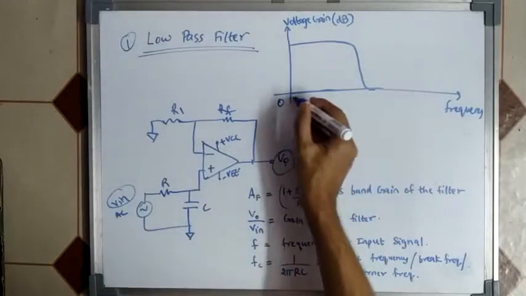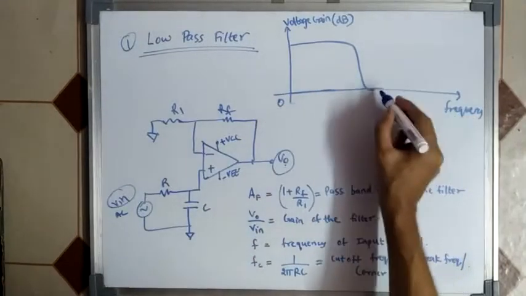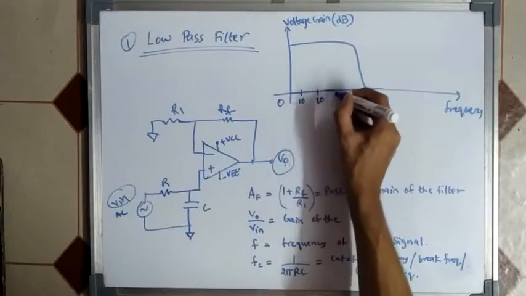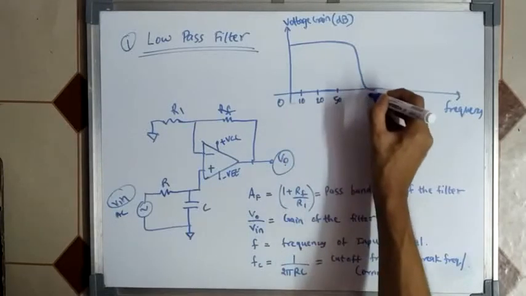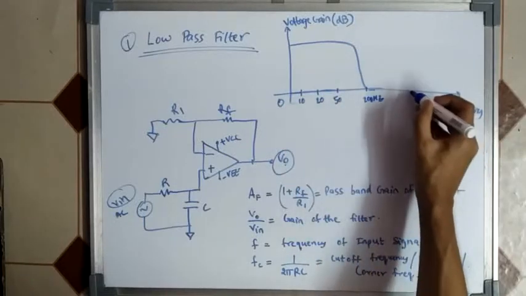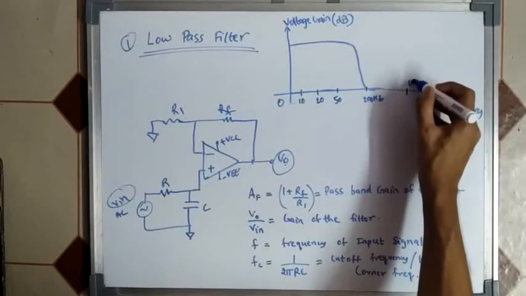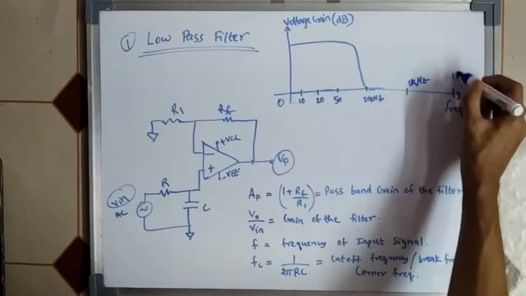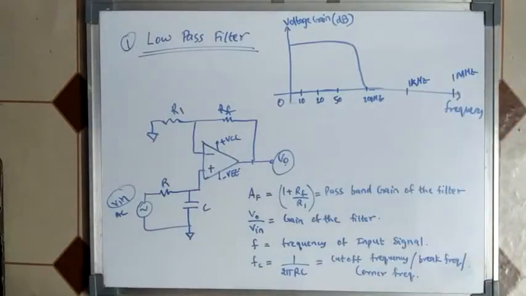It means it passes all the low frequencies and rejects all the high frequencies. If this is 10 Hz, 20 Hz, 50 Hz and so on, if this is 200 Hz, it passes all frequencies of lower value. If this is 1 kilohertz, if this is 1 megahertz, it rejects all high frequencies.